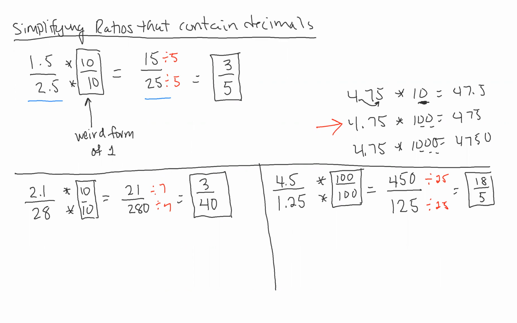And if you don't believe me, 18 divided by 5 is 3.6. 450 divided by 125 is 3.6. 4.5 divided by 1.25 is 3.6. So again, we haven't changed the overall value of these numbers here, here, and here. We've just changed the appearance. And the one that we like the most is 18/5. It's the most simplified.